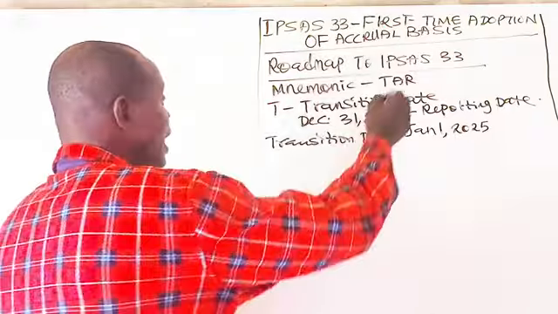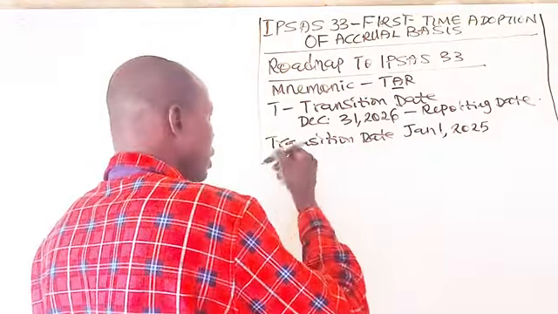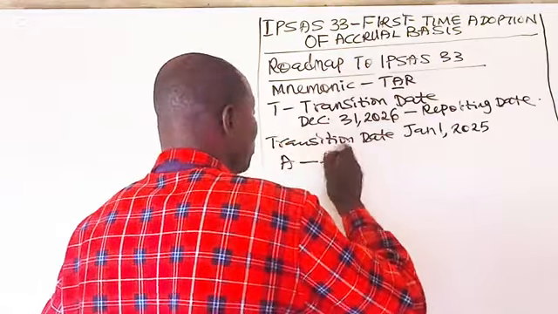The letter A is date of adoption or adoption date.